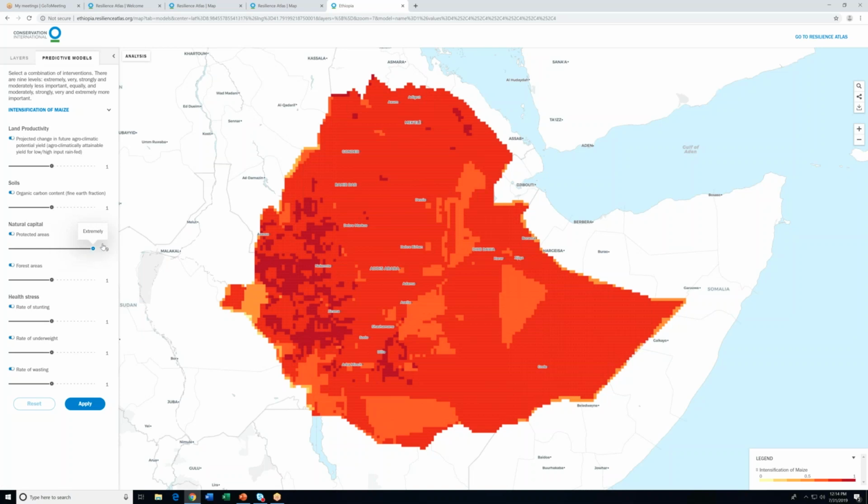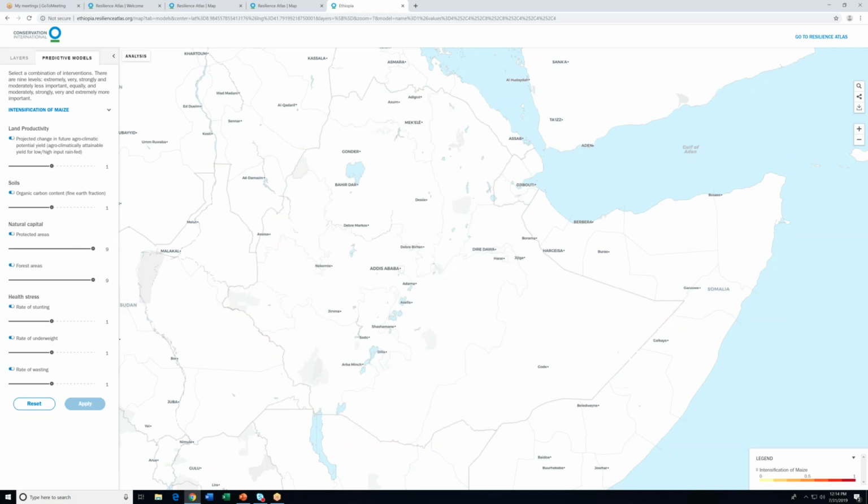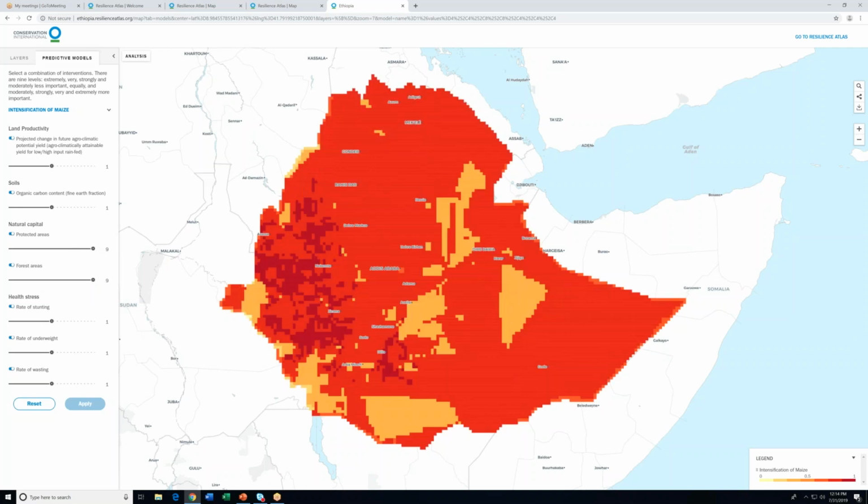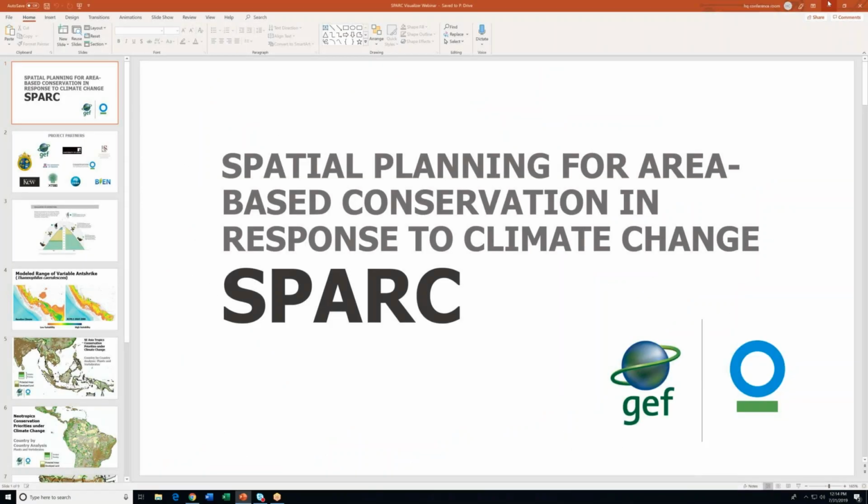So we can change these sliders and increase them based on what we find important, and that will produce an output modeling all the different layers together. So that again is what the researcher at the University of Adelaide will be working on for Asia Pacific priority setting. So now I will turn it over to Patrick, who will go through a few slides, and then we'll do the demo of the Sparc Visualizer.